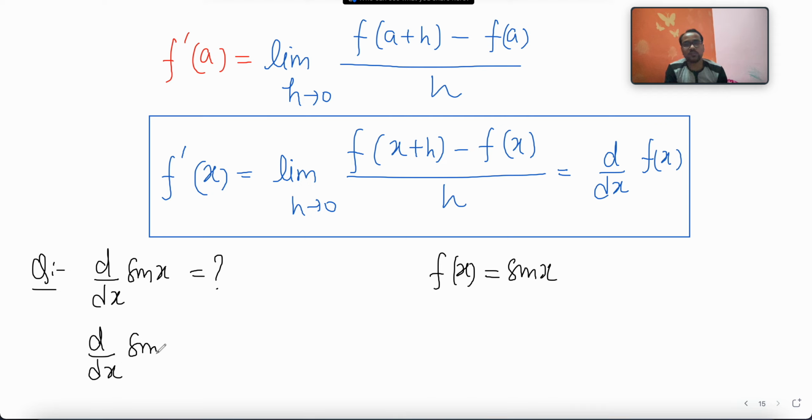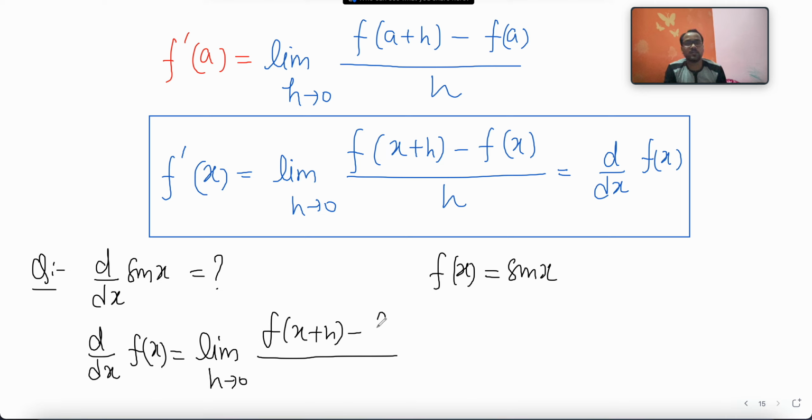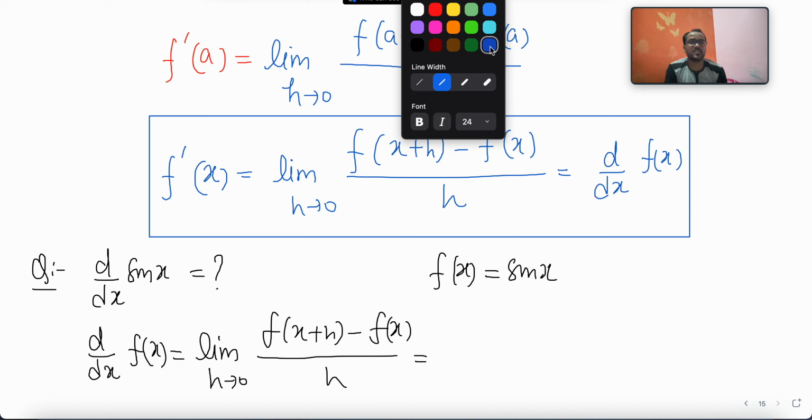So d by dx of sine x, or you know the formula, let me write the formula first. d by dx of f(x) is what? Limit h tends to 0 f of x plus h minus f(x) upon h. Now in place of f(x), replace sin x.